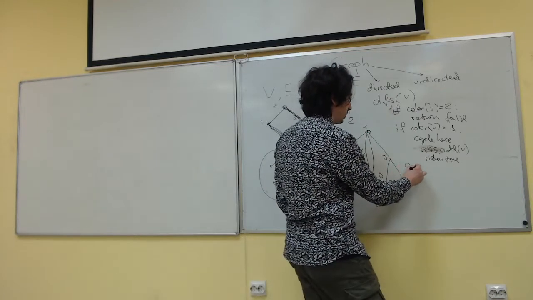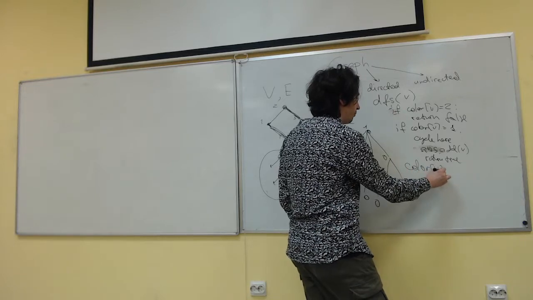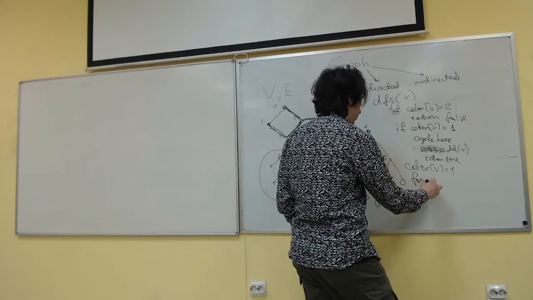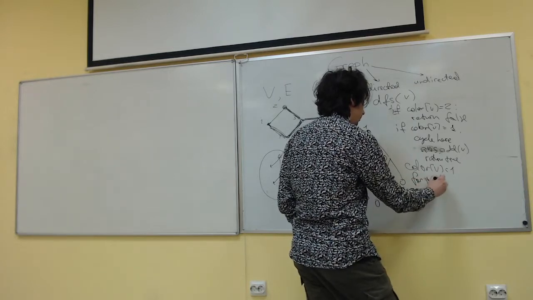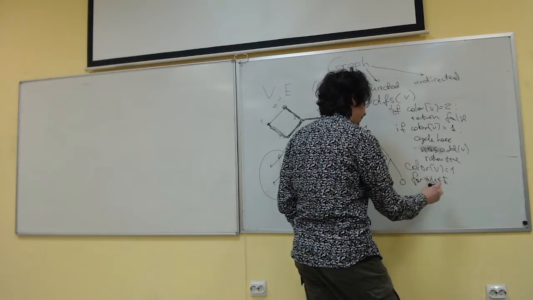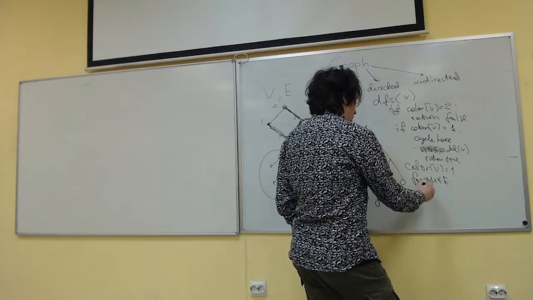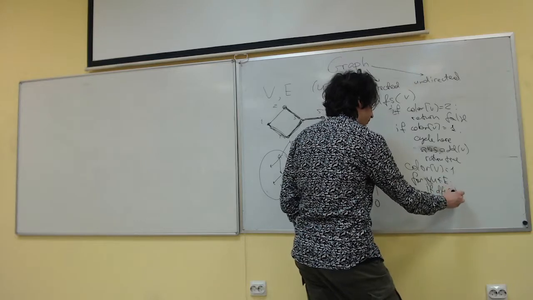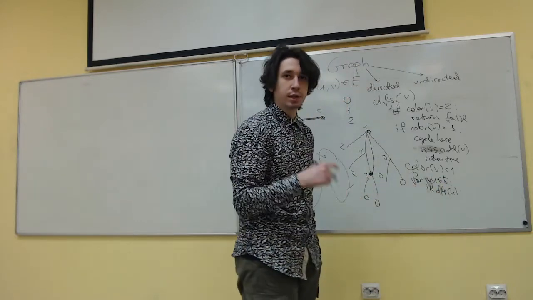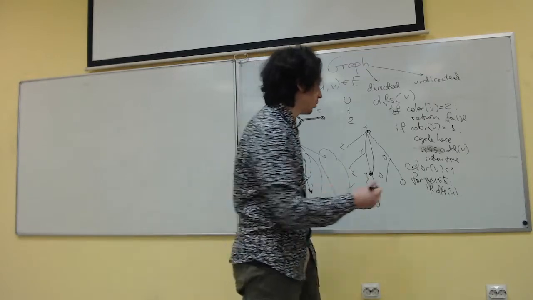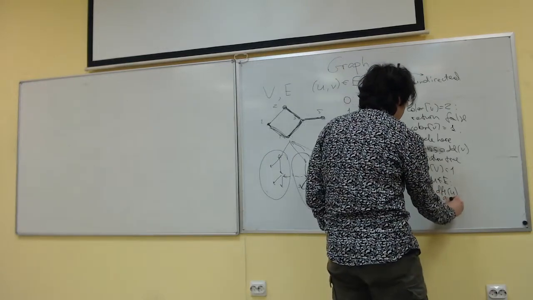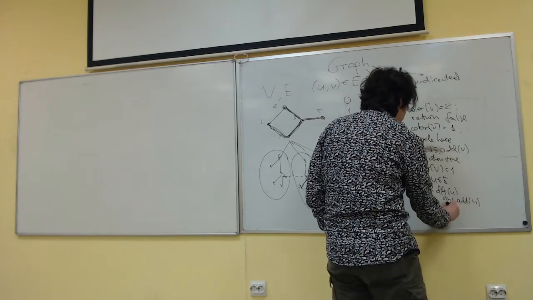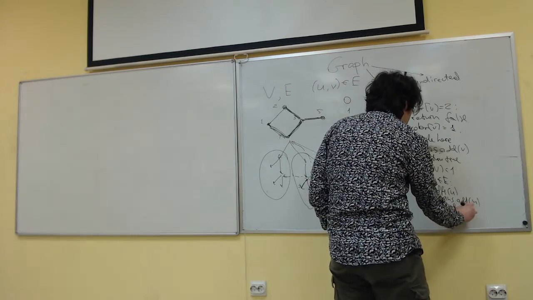Then we go to the DFS, so we set the color of v to 1 and go over all the neighbors u of v, and we say if DFS of u, this means that we run and it returned a cycle, we say ans.add u and return true.